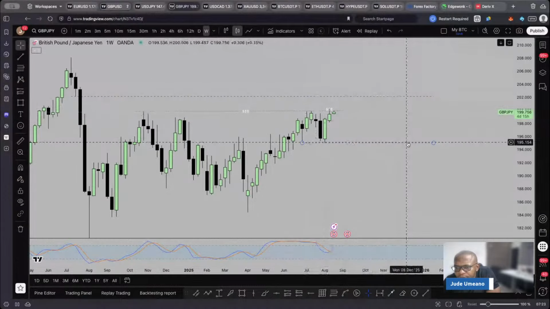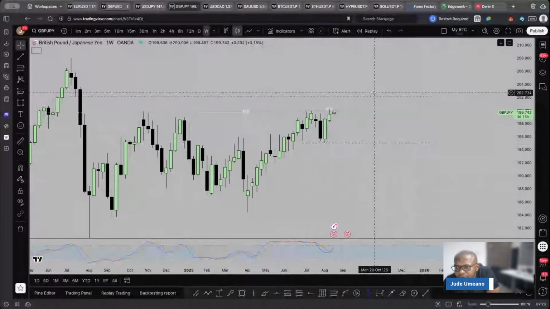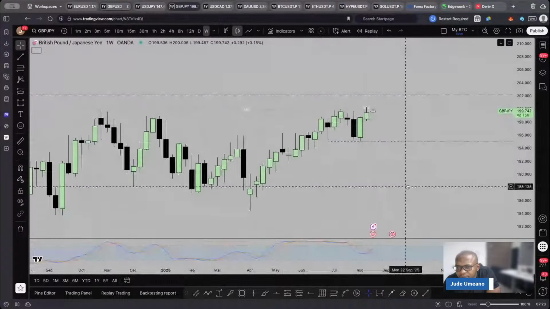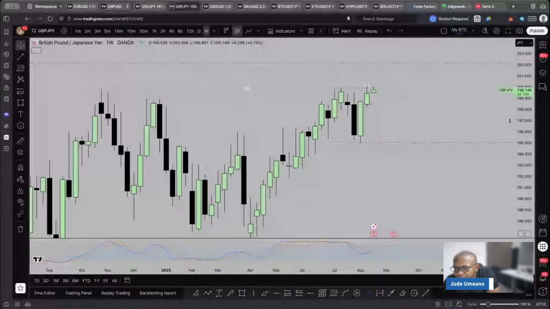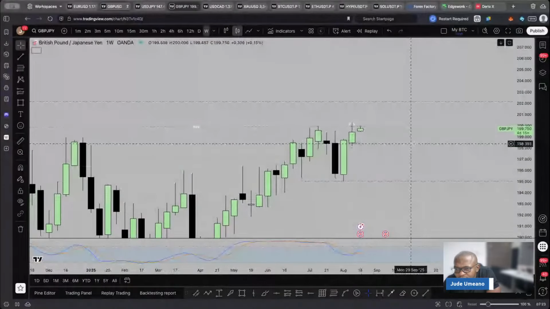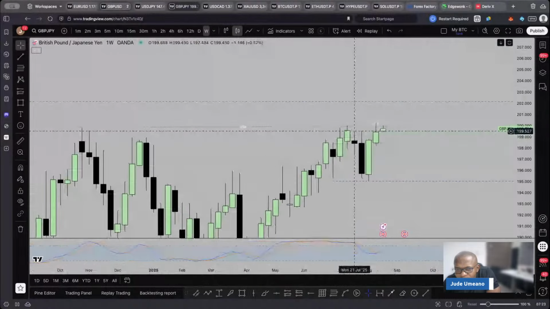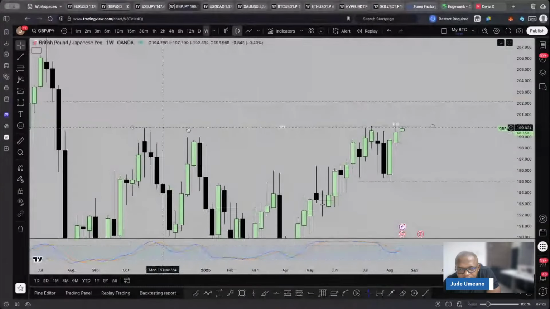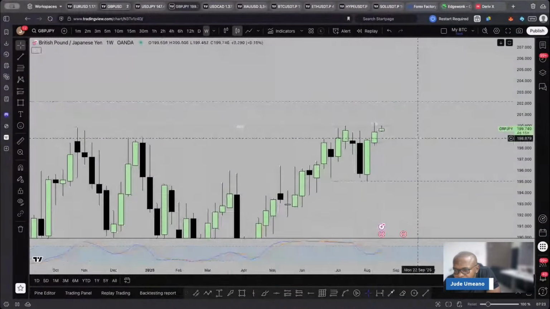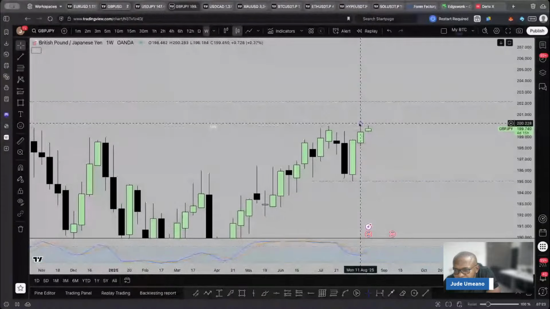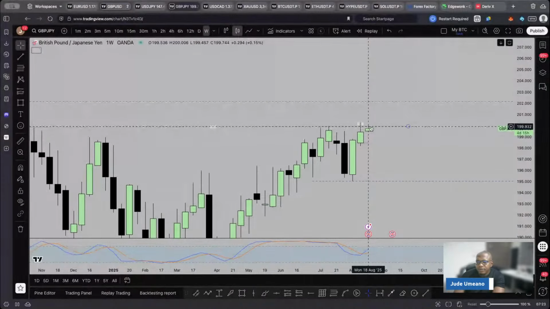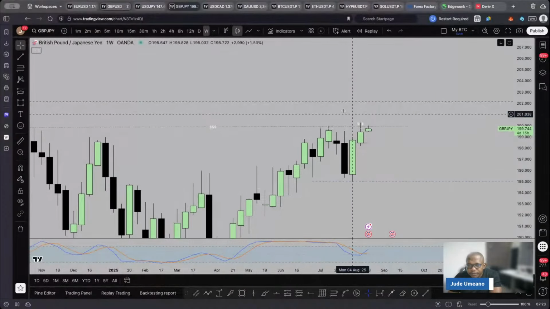I'm still going to maintain this and this. I think I marked this last week, but the only movement we had last week is just this movement. And yes, we did sweep into this liquidity, because we had liquidity from here to this particular point, and we tapped into that liquidity, and it seems that we're heading to eventually break it.